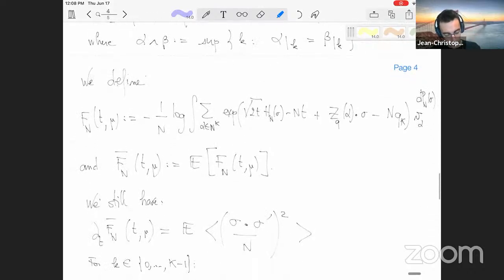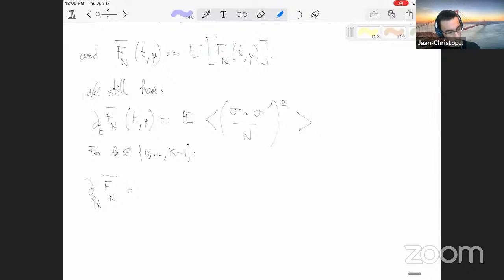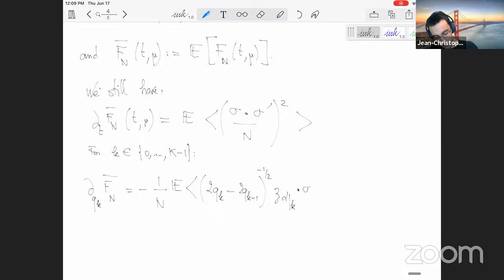Okay, so when we differentiate, what we will get is minus 1 over n expectation of 2qk minus 2qk minus 1, or minus 1/2 z alpha k dot sigma, minus, and then the other term.